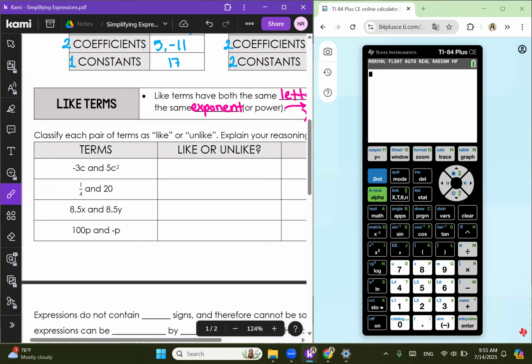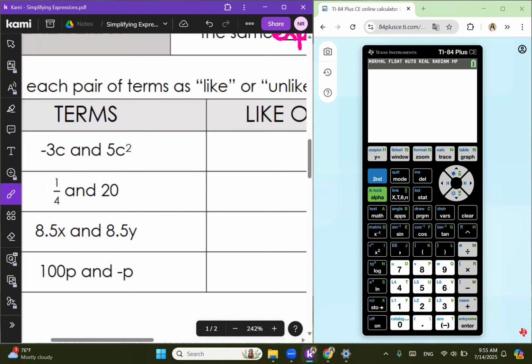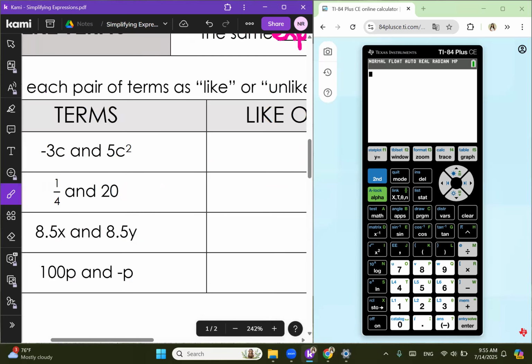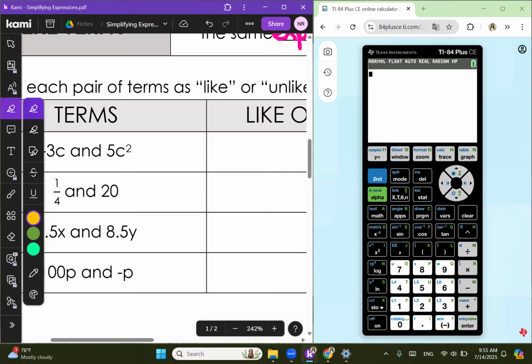So if we look here at the very first example, negative 3c and 5c squared. Think about the 2 rules. It has to have the same variable, same exponent. Does it have the same variable? Yes. Do they have the same exponent though? Well, I noticed that one of them has a 2, but the other one doesn't have an exponent.